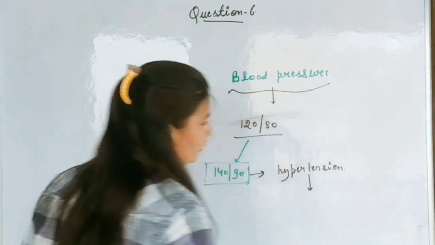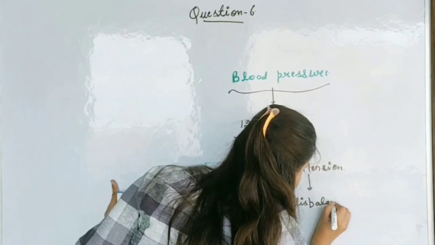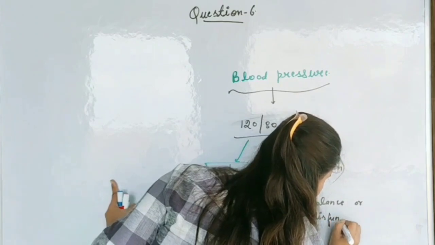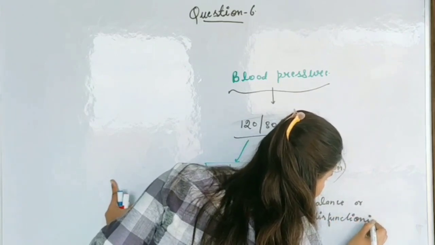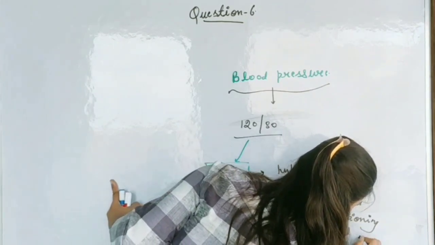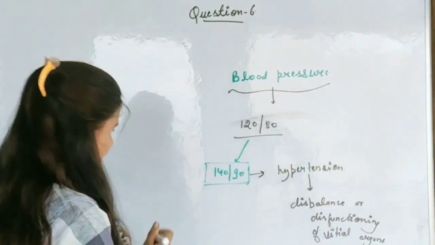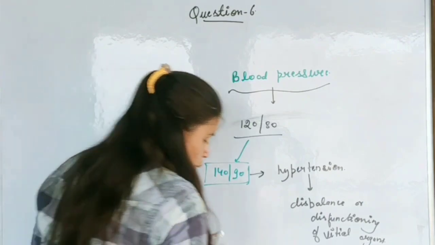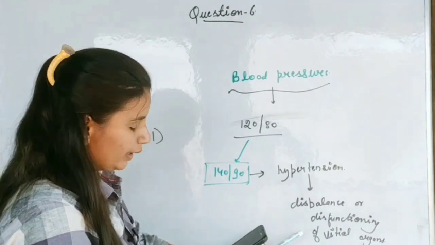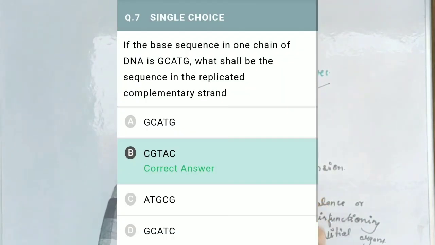And this hypertension results in imbalance or dysfunctioning of vital organs. So the correct option is option D, that is 190 and 110 mmHg make harm to vital organs like brain and kidney. Now move to next question, question number 7.